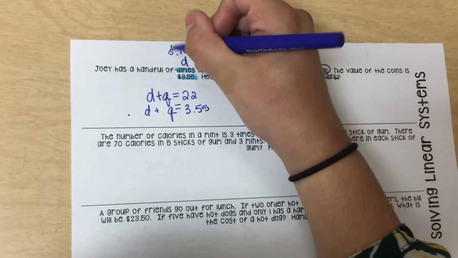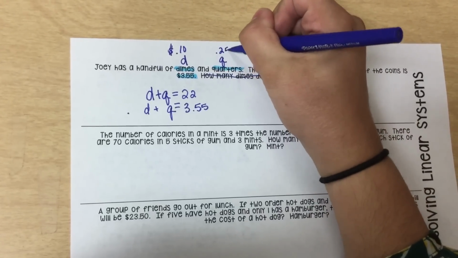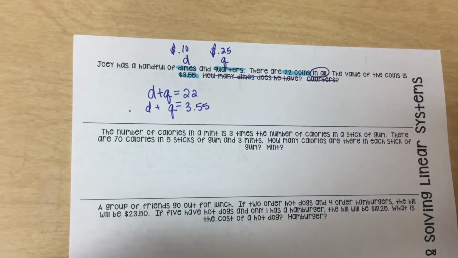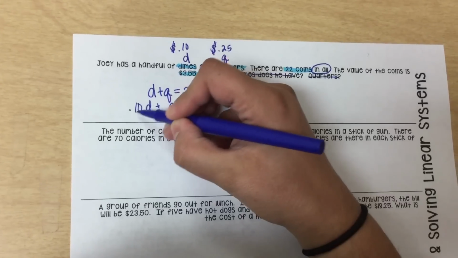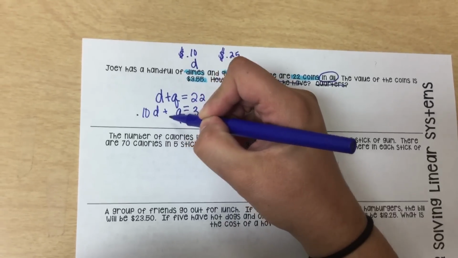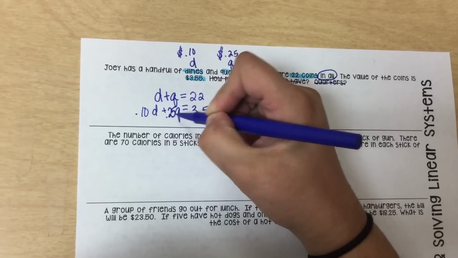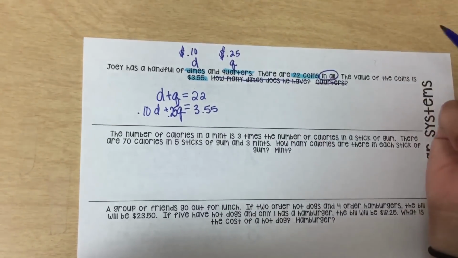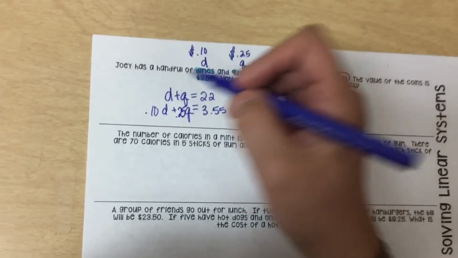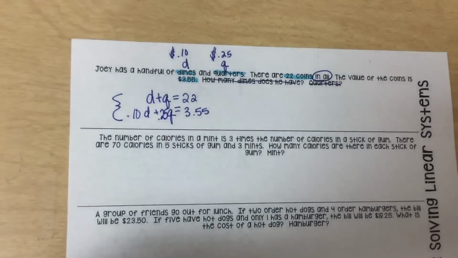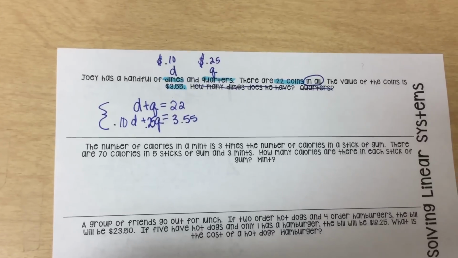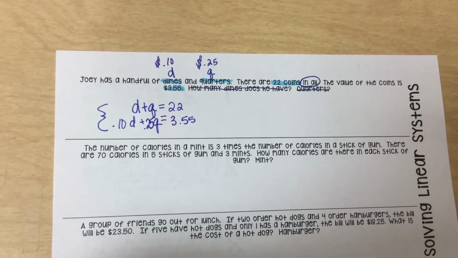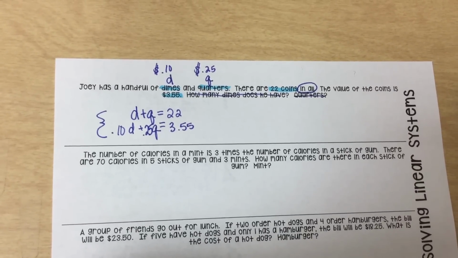Dimes are worth 10 cents. Quarters are worth 25 cents. So 10 cents per dime plus 25 cents per quarter will get us the $3.55. And that right there is our system of equations for this word problem.